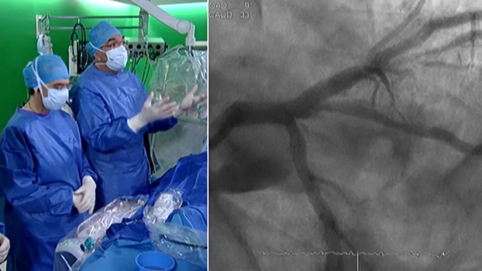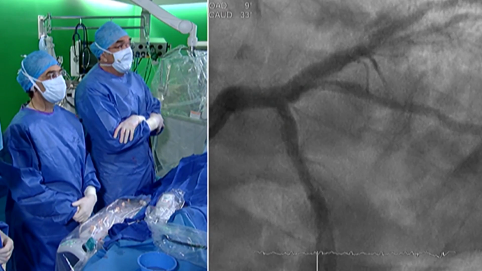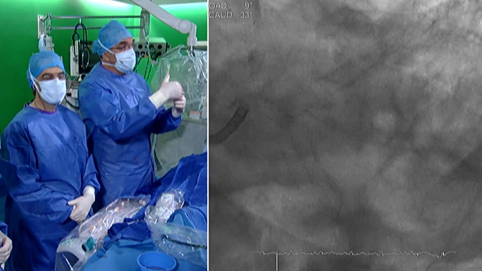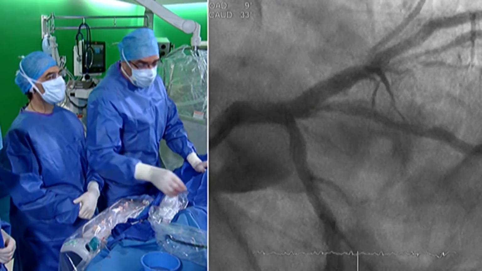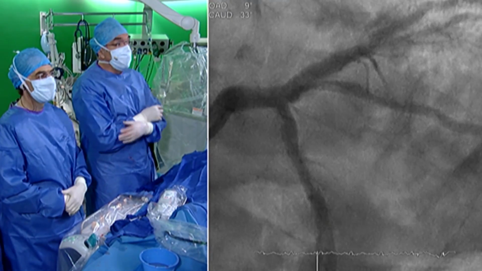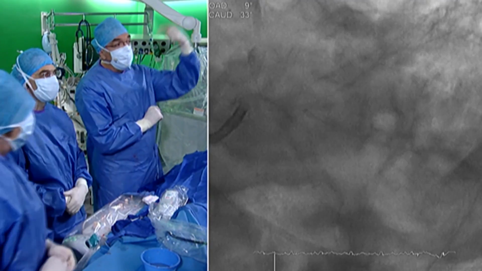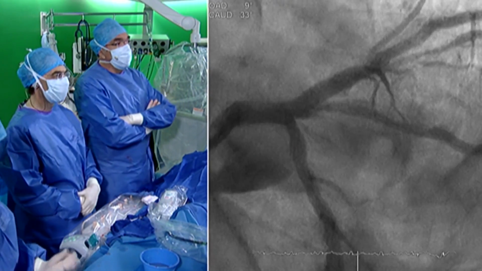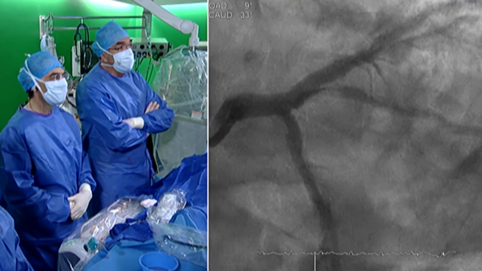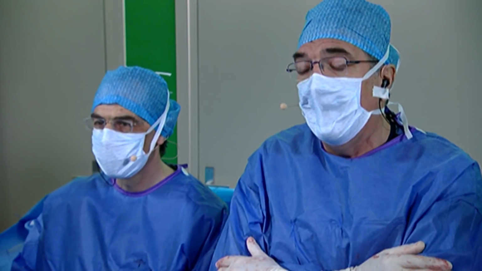And you saw that at the end, the size of the balloon that we use, and I think this is very important for the post-operative period, and to avoid the risk of stent thrombosis in the first days following the procedure, but also particularly to avoid the problem of late or very late stent thrombosis and restenosis by the quality of the stent deployment.